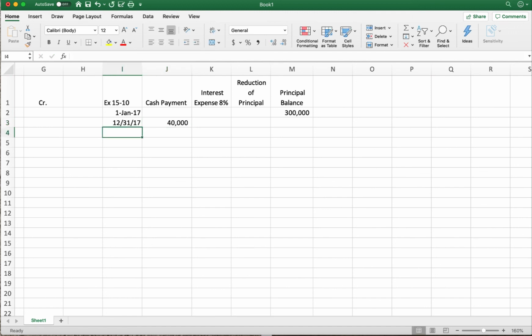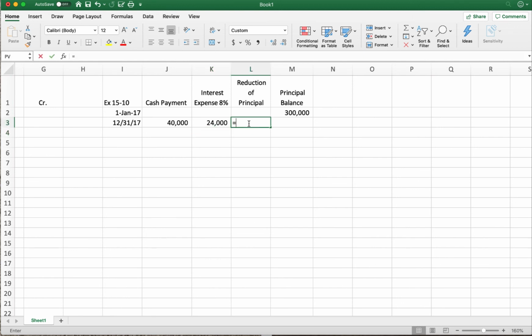We need to figure out what our interest is. Well, that's easy. The interest expense is the principal balance of $300,000 times 0.08. We end up with $24,000. What is the reduction of the principal balance?